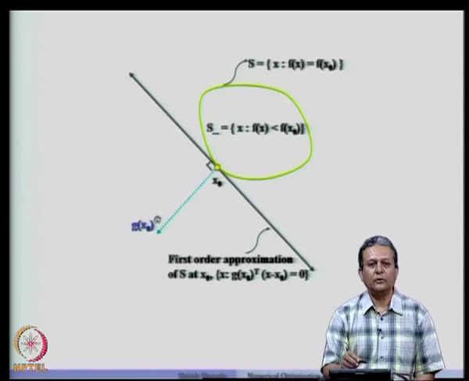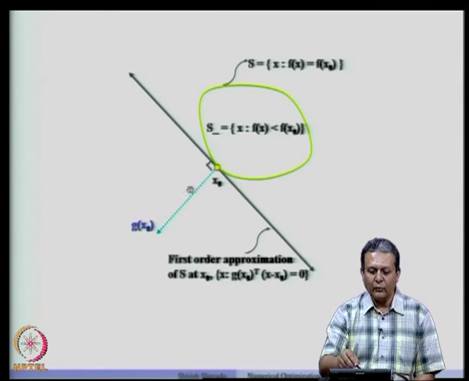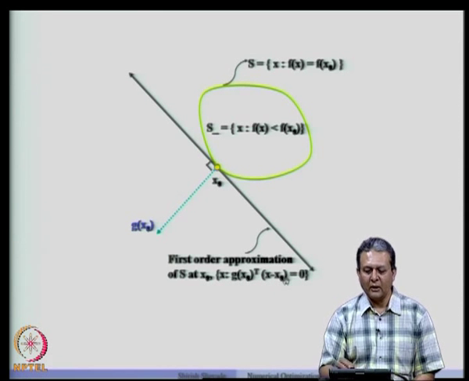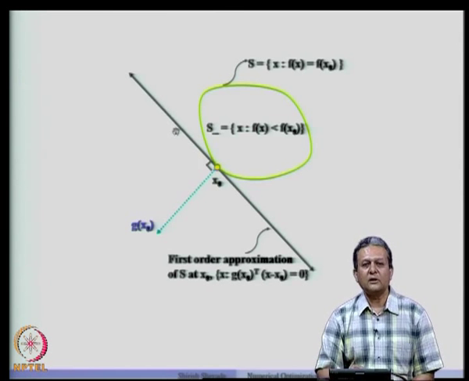Then one can use the first order approximation of S at x naught as the set of all points such that, now we have a normal to the hyperplane and the hyperplane passing through the point x naught, so the set of all x such that g of x naught transpose (x minus x naught) is equal to 0. So, this is going to be the first order approximation of a differentiable function f at point x naught.